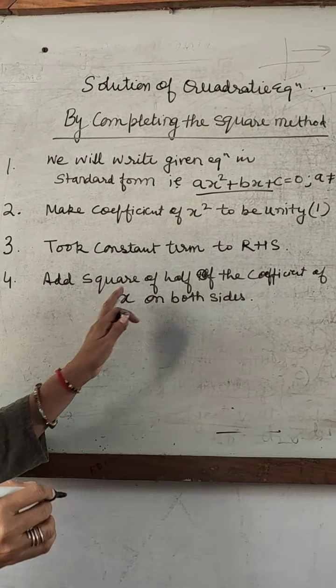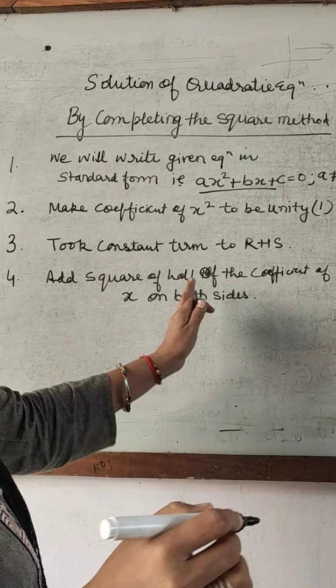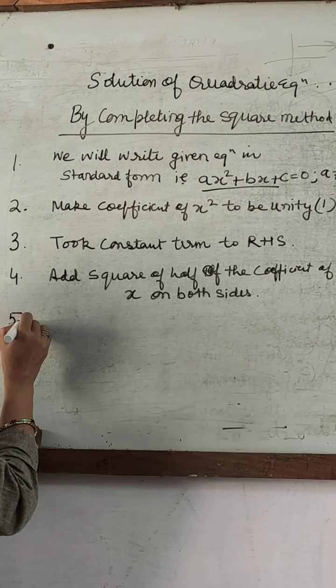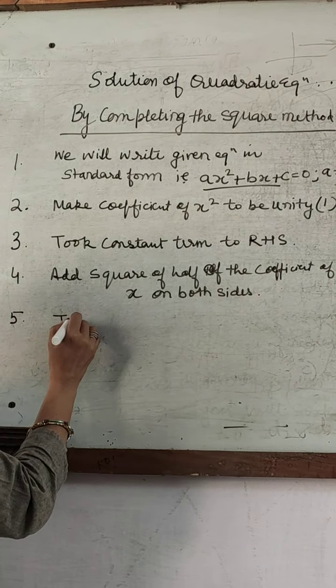We will add the square of half of the coefficient of x on both the sides of the equation. The fifth says take square root on both sides. Solve to get the value of x. So concentrate children.